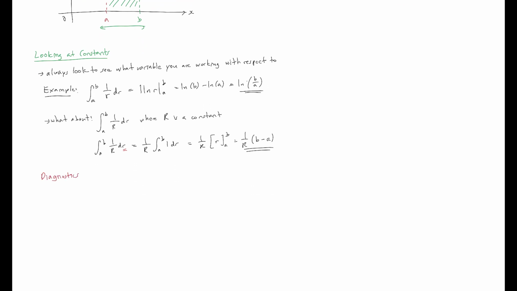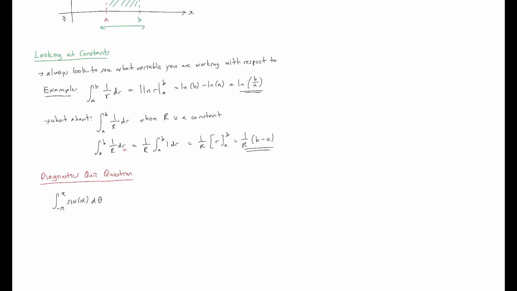Now, as part of the diagnostics quiz, you had a question that you can now solve with ease. It's the one with the sine function, where you had to integrate sine of alpha from negative pi to pi with respect to theta.